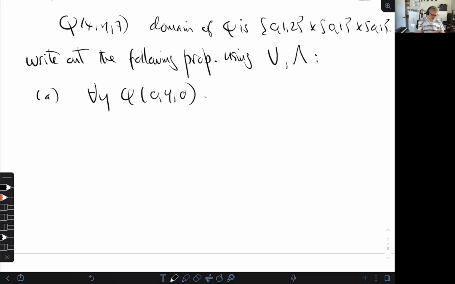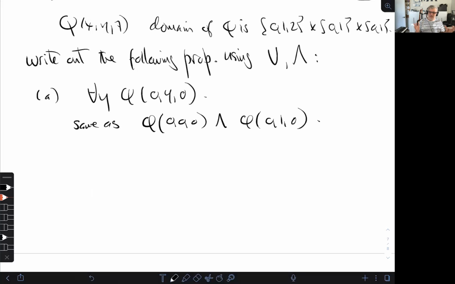So what does this say? For every y, Q(0, y, 0). Remember what it means: it means that Q(0, y, 0) is true for every possible value of y. So this is the same as saying, and I'm just going to replace every possibility for y, Q(0, 0, 0) is true and Q(0, 1, 0) is true.